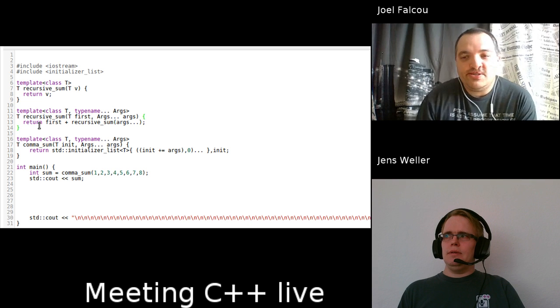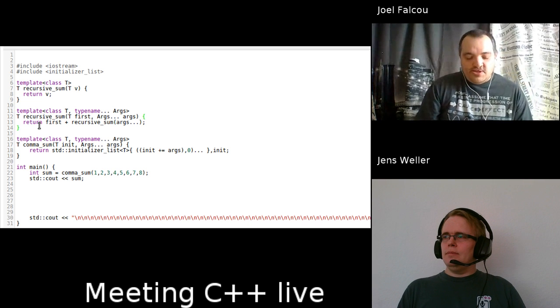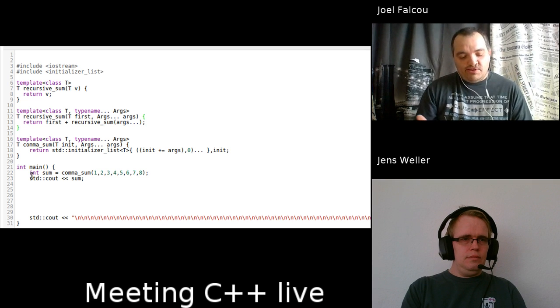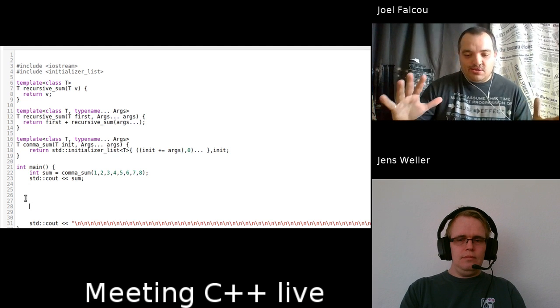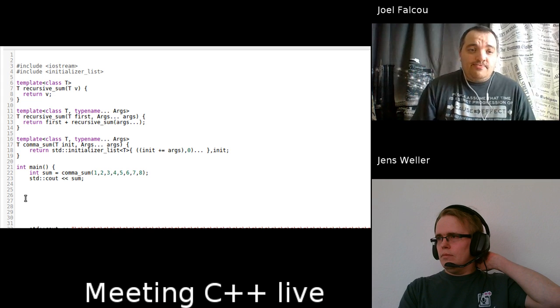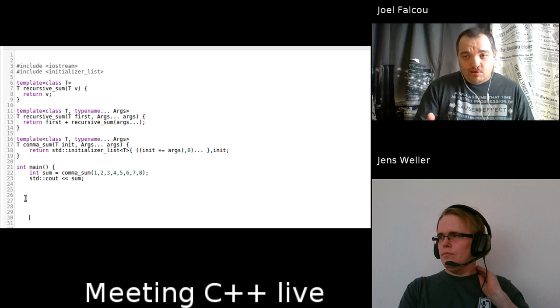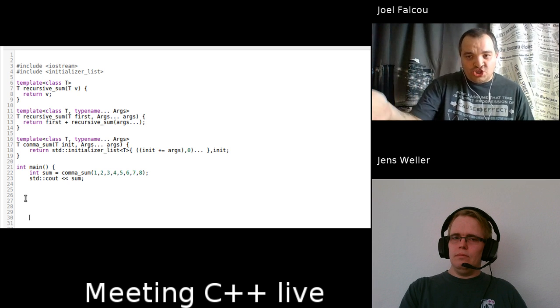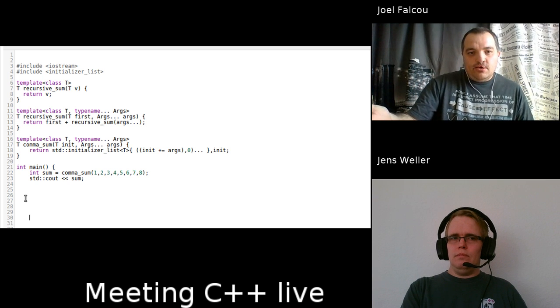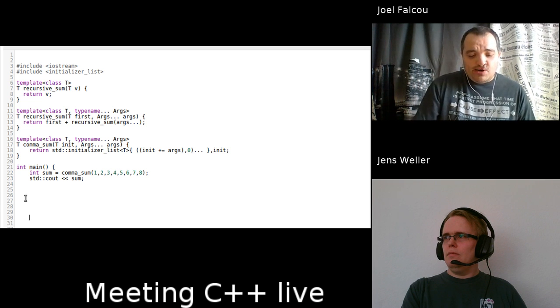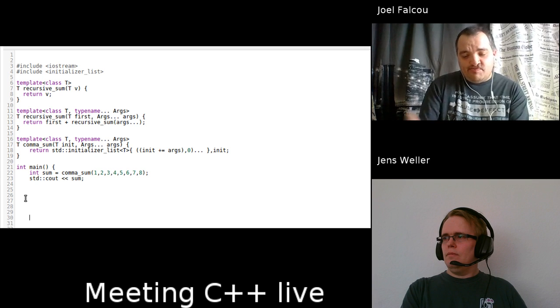The thing is that at some point, even if at the end your code will probably be completely optimized and compressed, the compiler has to know what is the symbol of the next recursive sum function to call. So you call one with, let's say, 6 floats, and you match it against the one with 1 float first and then a pack of 5.